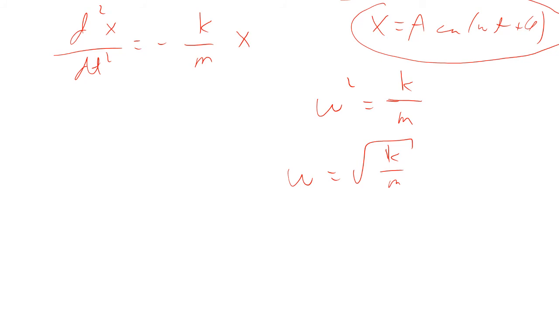And so the A is the amplitude. That's how big of an oscillation it is. Omega is the angular velocity. Well, we know if we go one complete cycle, so if it starts here, I stretch it, it goes back, that's one cycle. The time it takes to go through one cycle is a period.